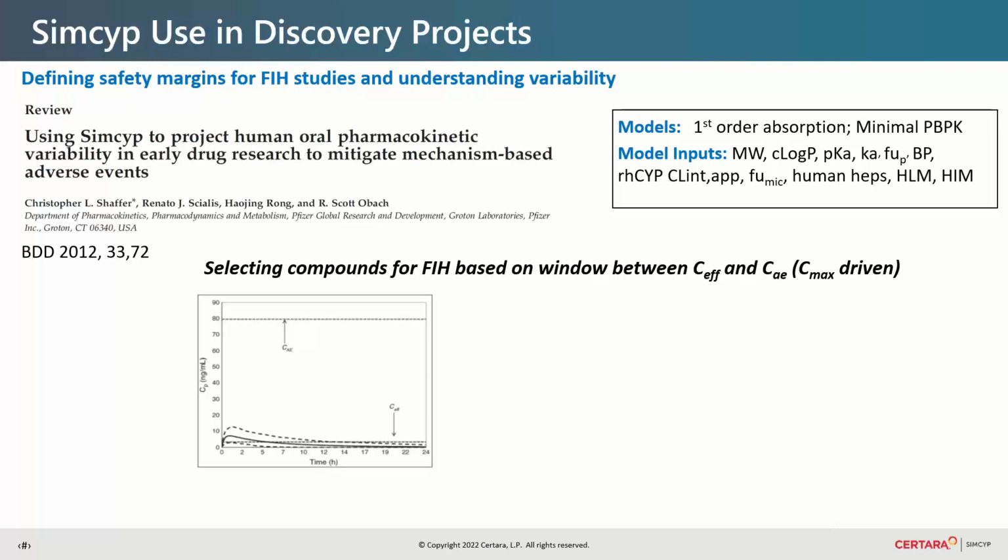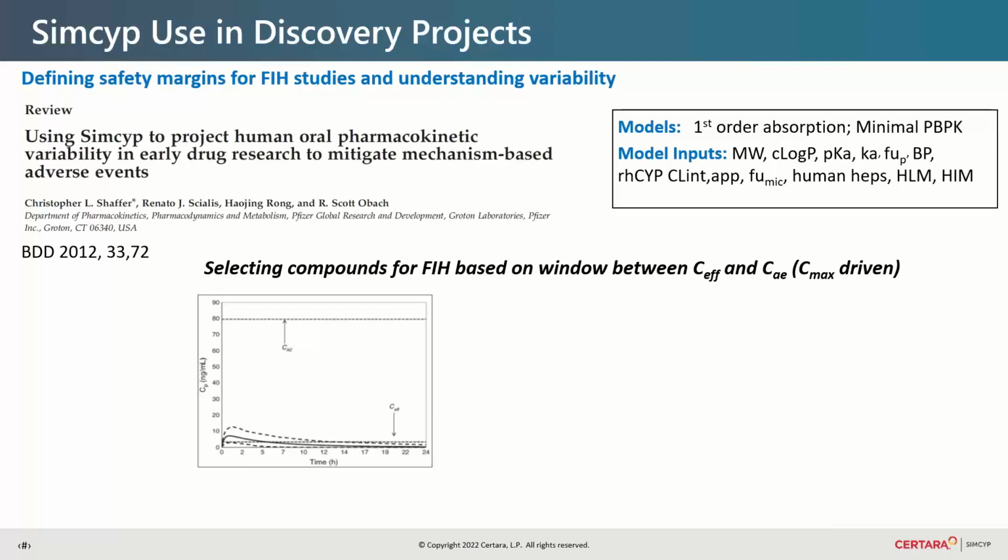This is what they were doing for different compounds. You can see the predicted concentration profile shown by the black line. The dashed lines were population estimates for the fifth and 90th percentiles.